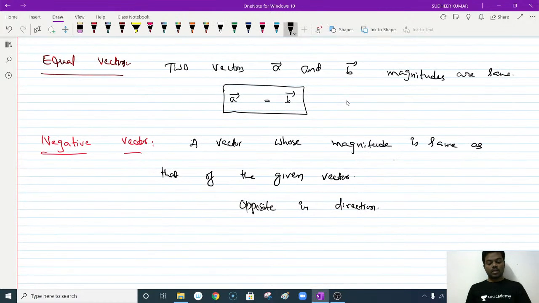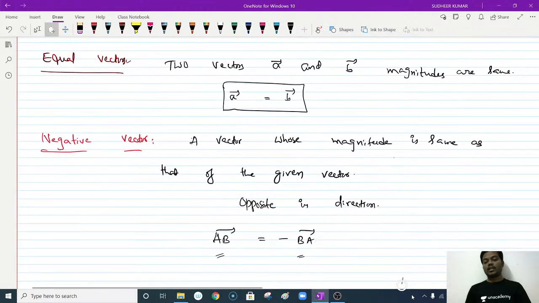Suppose AB is a vector; it can be written as minus BA. The magnitude is the same, just the initial and terminal points are flipped. Then the vectors are said to be negative vectors. The negative vector of AB is denoted by minus vector BA. That's it.